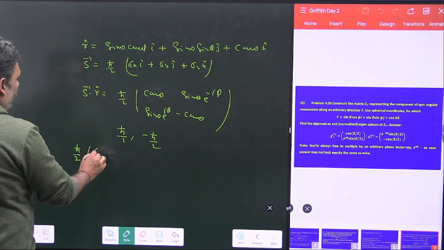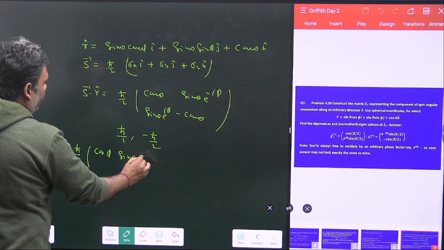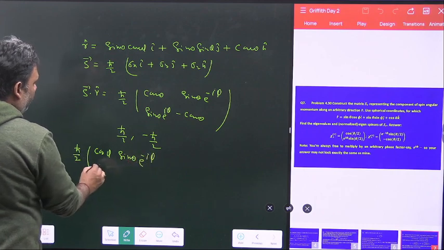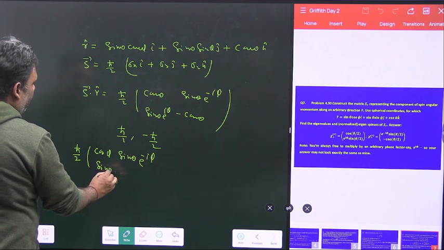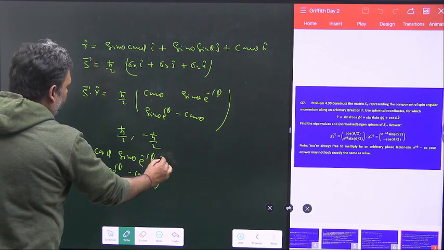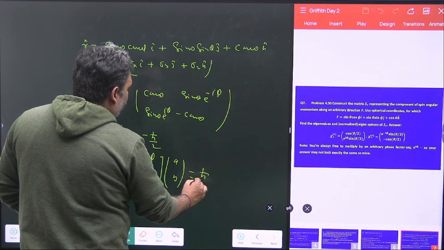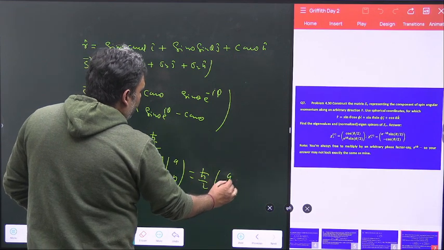So what you have, cos theta, sin theta e to the power minus i phi, you have sin theta e to the power i phi, minus cos theta. Let's say this is a and b is equal to h cut by 2. You have a and b.